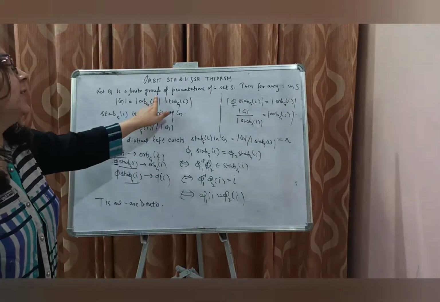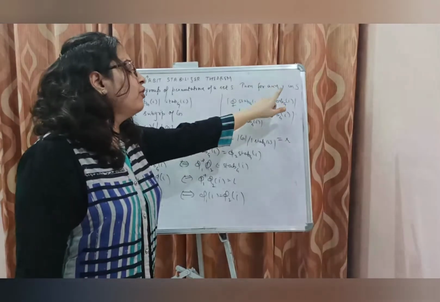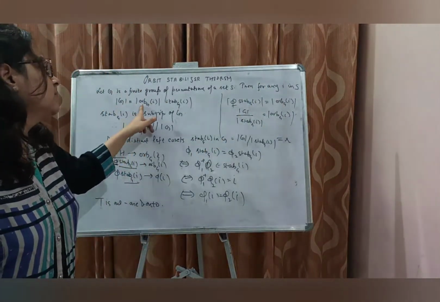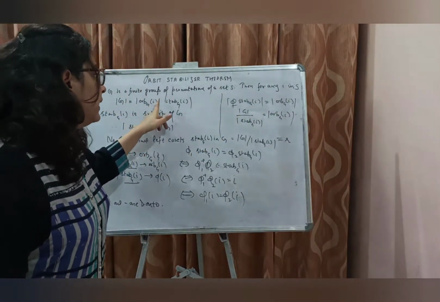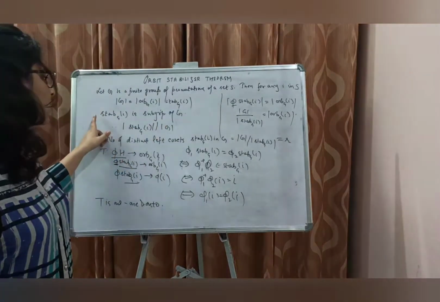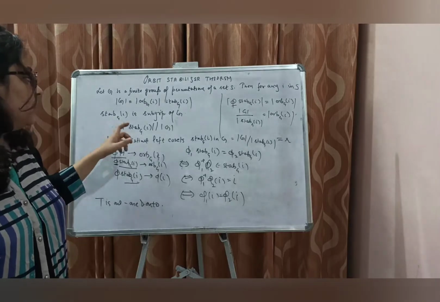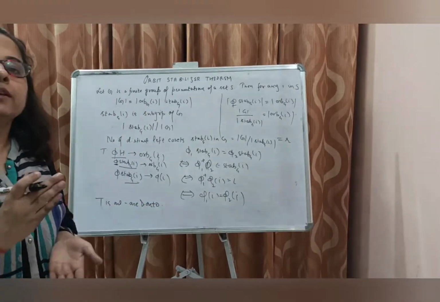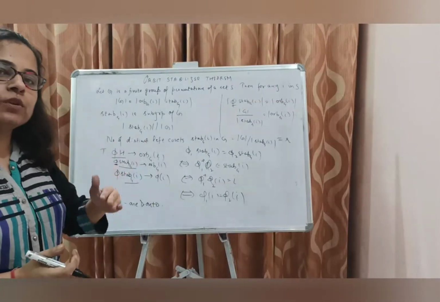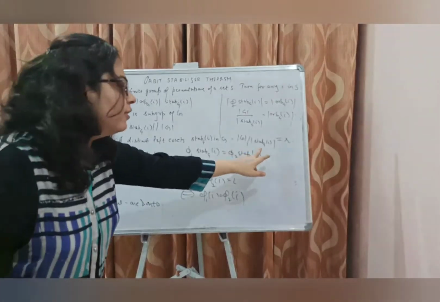If G is a finite group of permutations of a set S, then for any I in S, order of G is the product of orbit of I and stabilizer of I. Now since stabilizer is a subgroup of G, this implies its order divides order of the group. Moreover, the distinct left cosets will be equal to order of G divided by order of stabilizer.